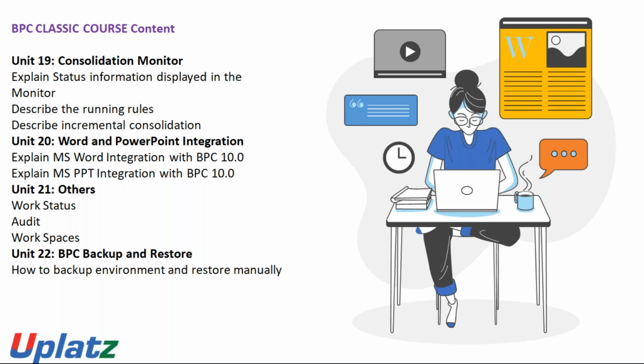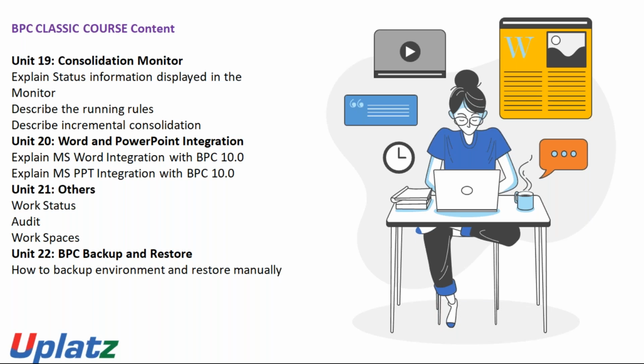So this is the total course content, and it will cover what BPC provides. The full form is Business Planning and Consolidation. By completing all these 22 units, you will learn how to do planning as well as consolidation and reporting and some advanced logics.